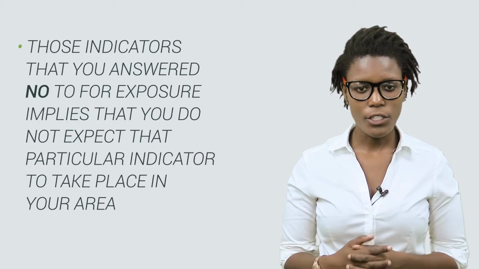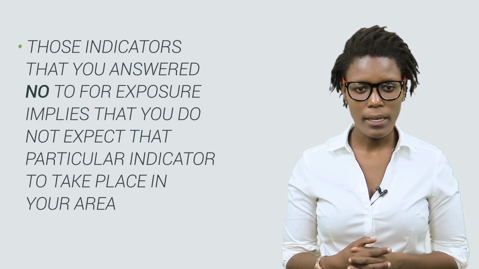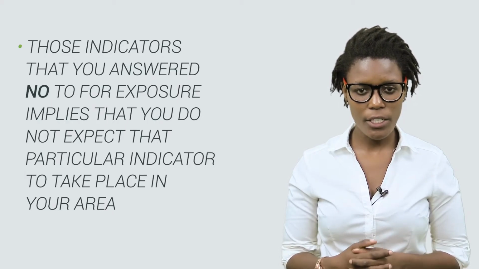In order to prioritize your most important indicators, you began excluding indicators that were not relevant or important. Those indicators that you answered no to for exposure implies that you did not expect the particular indicator to take place in your area.